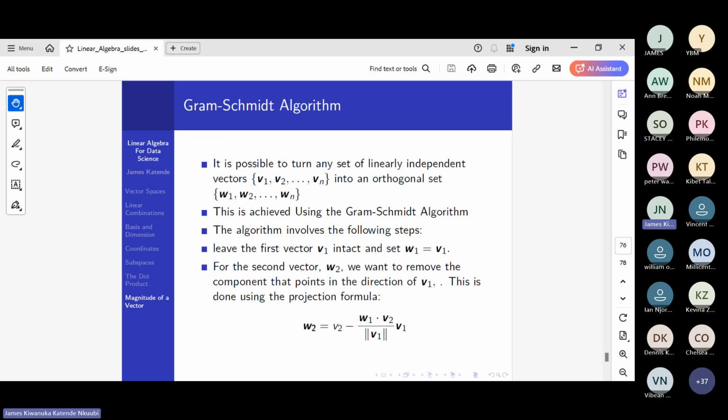It's the Gram-Schmidt algorithm. It says the following: if you have any set of linearly independent vectors, then you can use this algorithm to turn it into an orthogonal set, and eventually you can turn it into an orthonormal set by normalizing each vector.